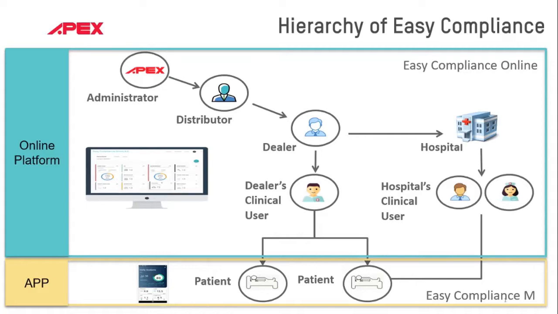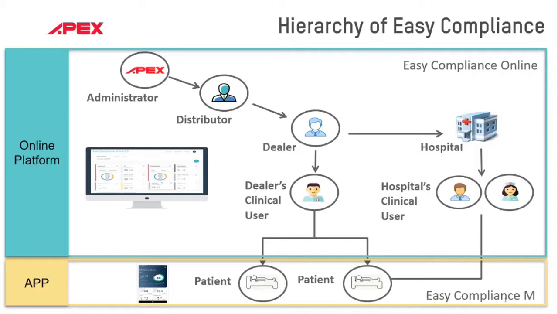The Easy Compliance Online enables the distributors, our dealers, or the hospital, created by these accounts, to track online remote monitoring the performance of the patients using the CPAP products, as well as the Easy Compliance APP, the application where the patients can use to connect their CPAP to the Wi-Fi of their home and to monitor their performance of using the CPAP machines.